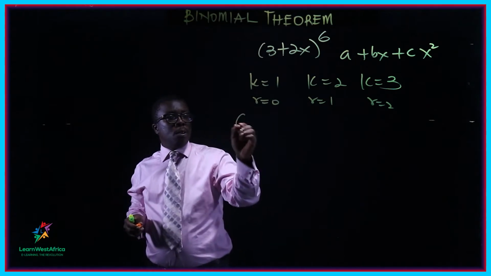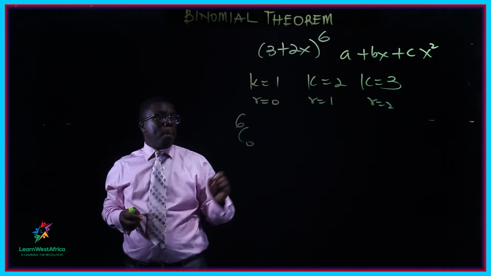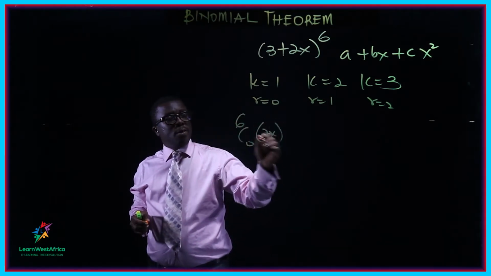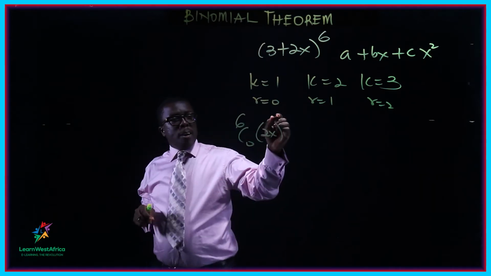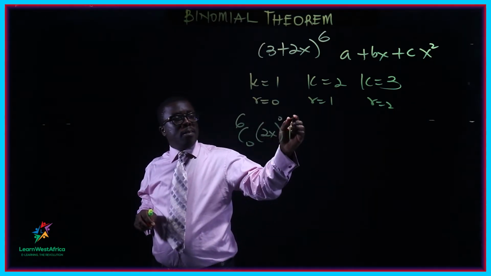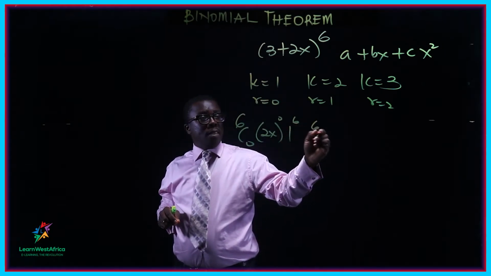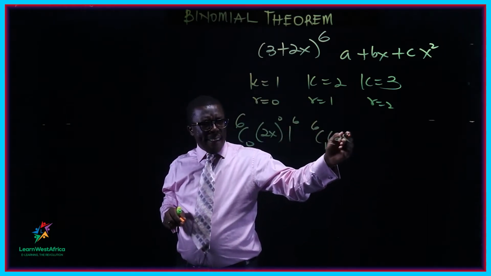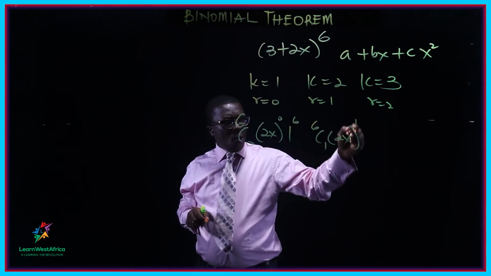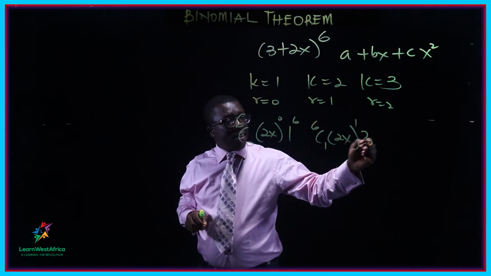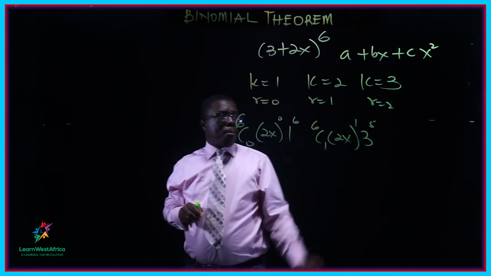Okay, so we go 6, choose 0 for our first term, then 2x all to the power 0, then 3 to the power 6 because of that. Our second term is going to be 6, choose 1, 2x raised to the power 1, 3 to the power 5.